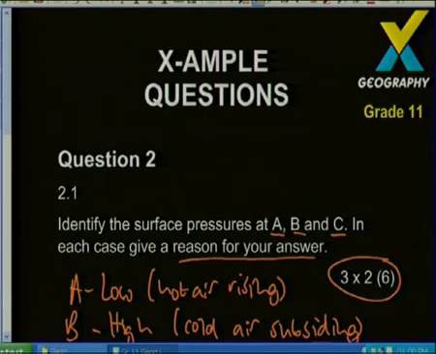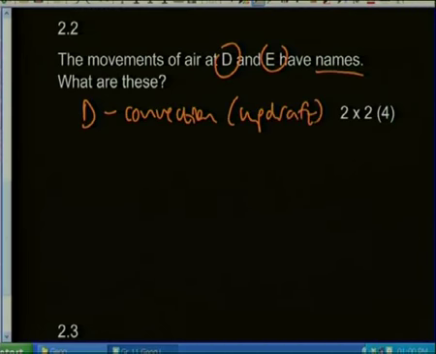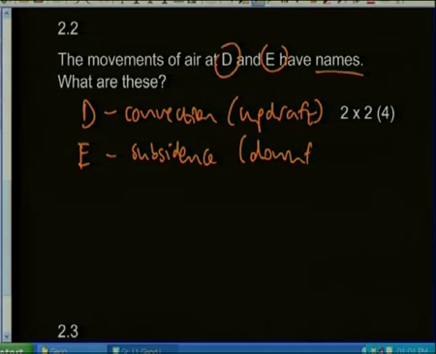Right, so we can just go and write that here in our answer. D is convection, which leads to an updraft, whereas E is subsidence, or air that subsides, which leads to a downdraft.